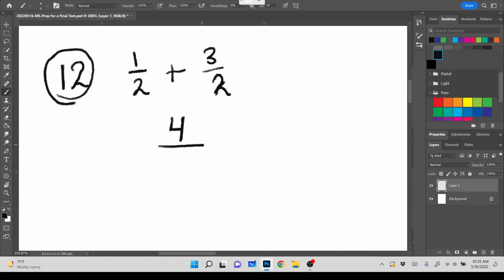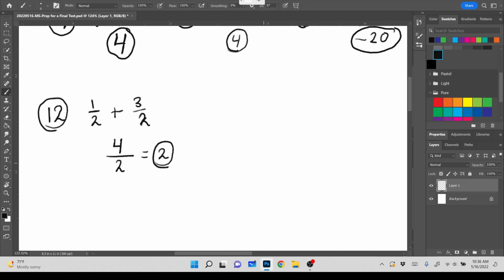What is the denominator? 2. That's right. Now we need to reduce or convert to a mixed number. So what should we do now? It's just 2. 4 divided by 2 equals 2. Easy squeezy lemon peasy.